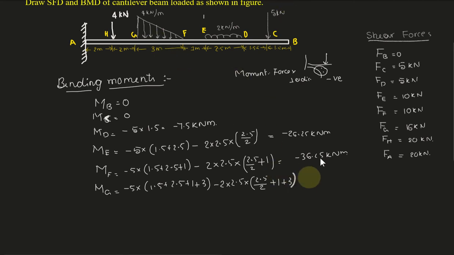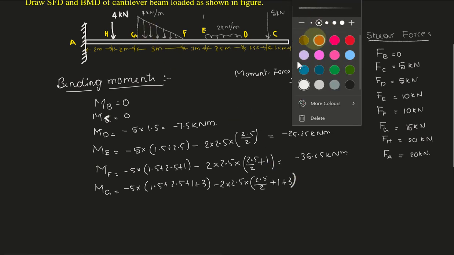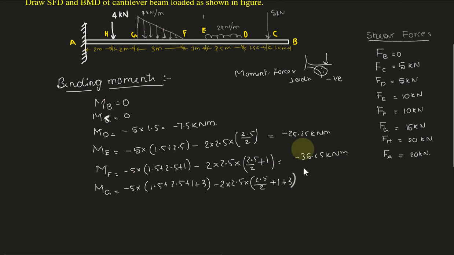Yes, so we have this load. Up to UVL you have, so this UVL we have as minus. We have to calculate the area of this triangle, which represents the force: half into base into height, 3 into 4, multiplied by the centroidal distance.